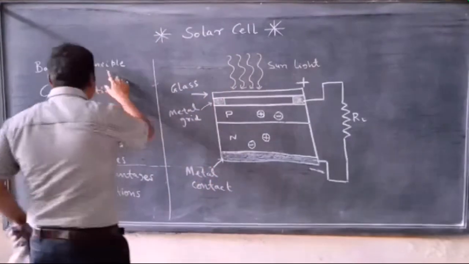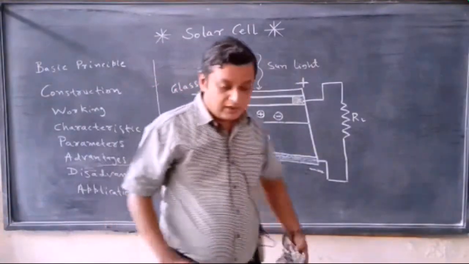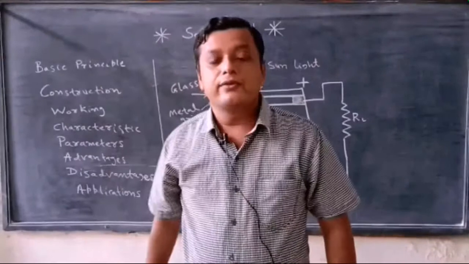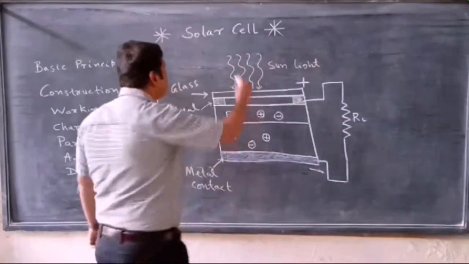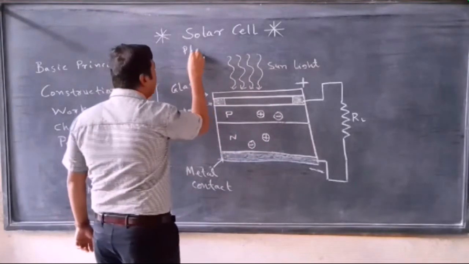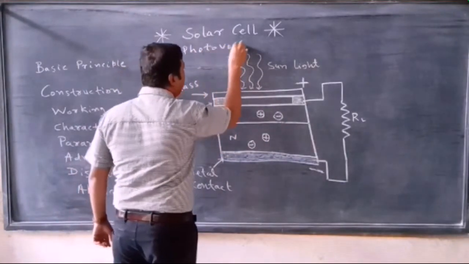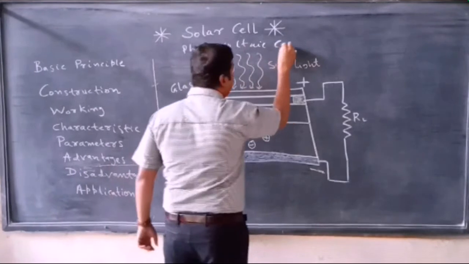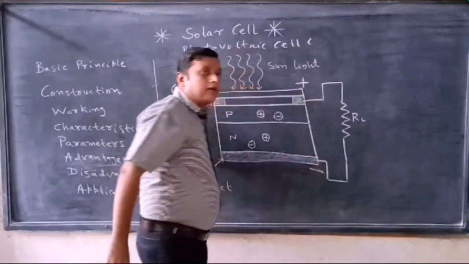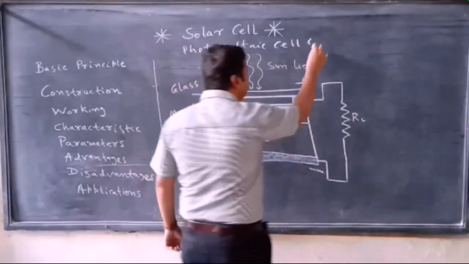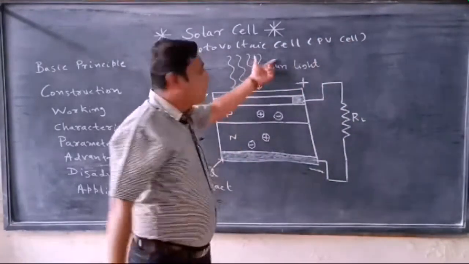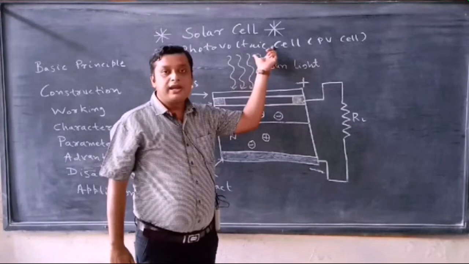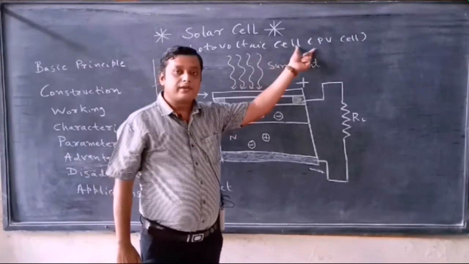So, what is the basic principle? Actually, the solar cell is also known as the photovoltaic cell, or PV cell. Why is this known as a photovoltaic cell or PV cell?